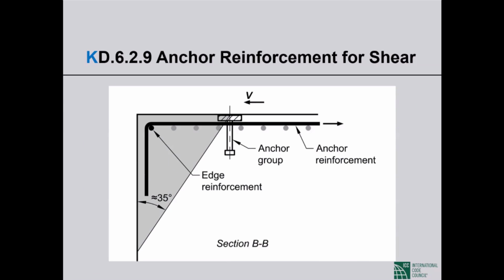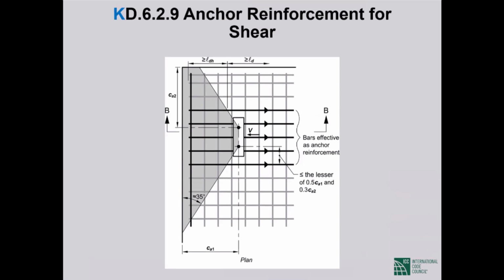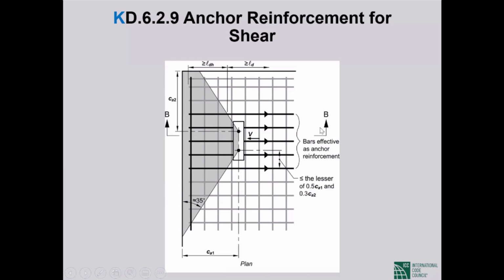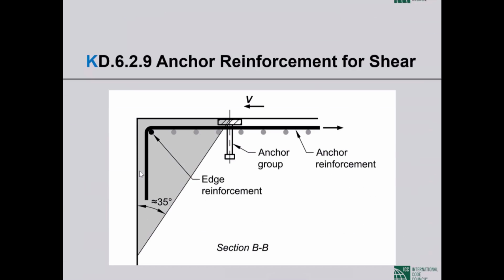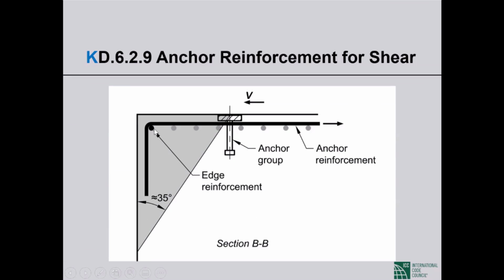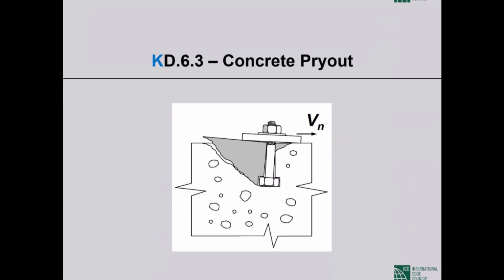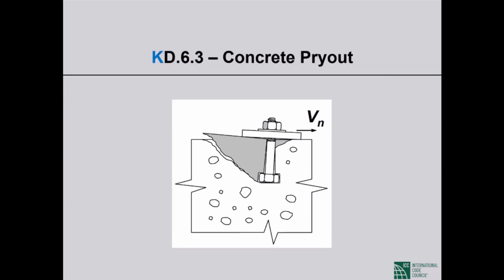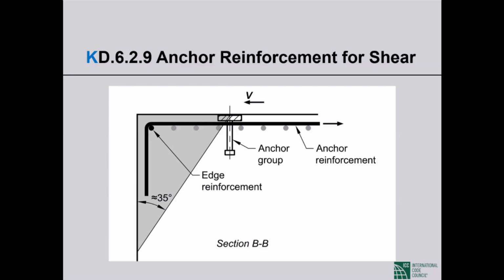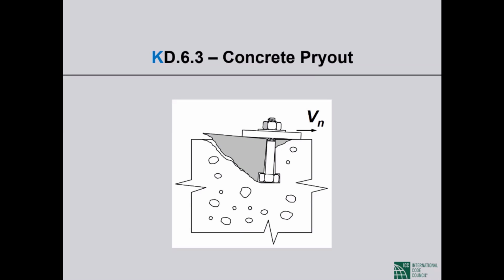In section BB, if you cut a section here, the section shows you this is the supplementary reinforcement. This is the anchor reinforcement that is supported by the supplementary reinforcement. And this anchor reinforcement is trying to suppress this kind of breakout that is shown by the shaded portion.